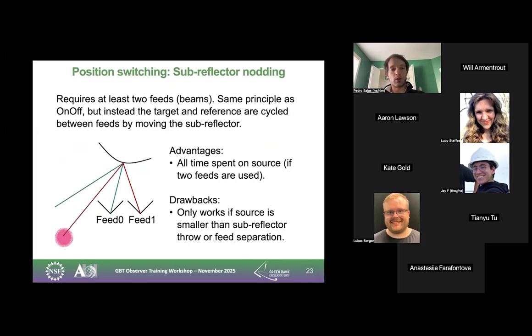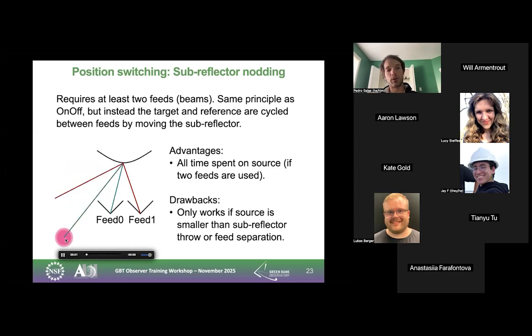There's yet another one called sub-reflector nodding or sub-beam nodding, where you also have two feeds, but now instead of moving the telescope, you move the sub-reflector. That's this inverted parabola here. And when you rotate the sub-reflector, basically you're directing the beams to different positions, and you can do this so that one beam observes the source, the other observes blank sky, and you alternate between these two things, right?